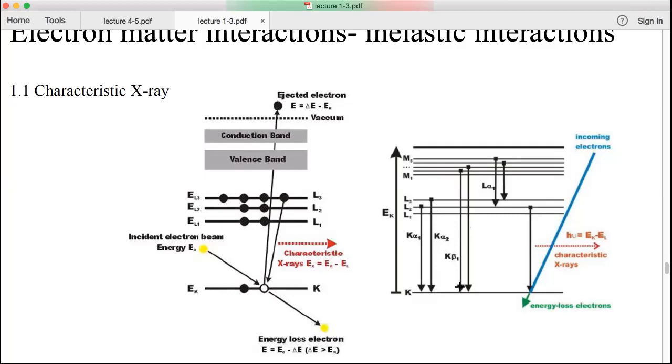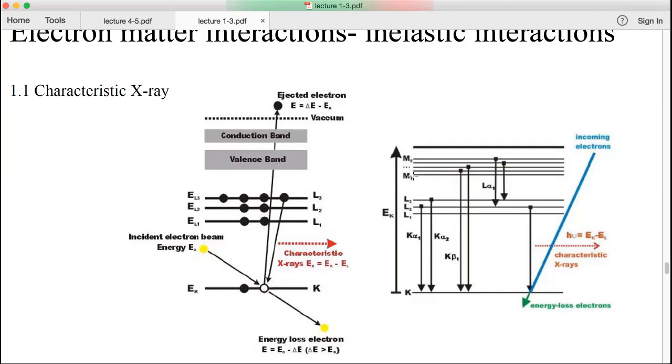Right. Now, if the vacancy is filled not by an electron from L, if the electron is now coming from M shell, M1 again prohibited because M1 is the 3s state. From 3s, you can't jump to 1s because from 3s to 1s is prohibited.